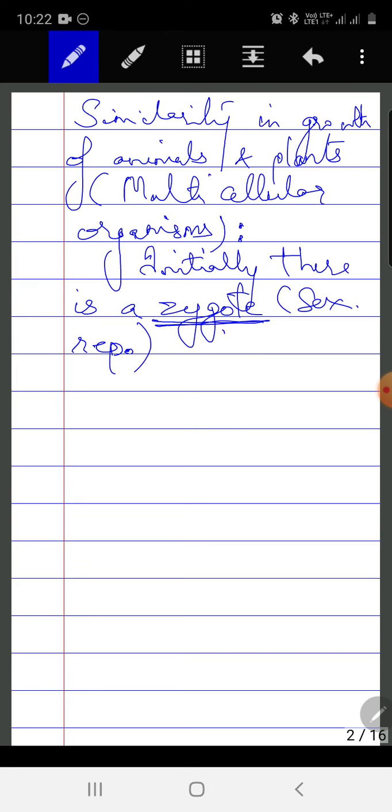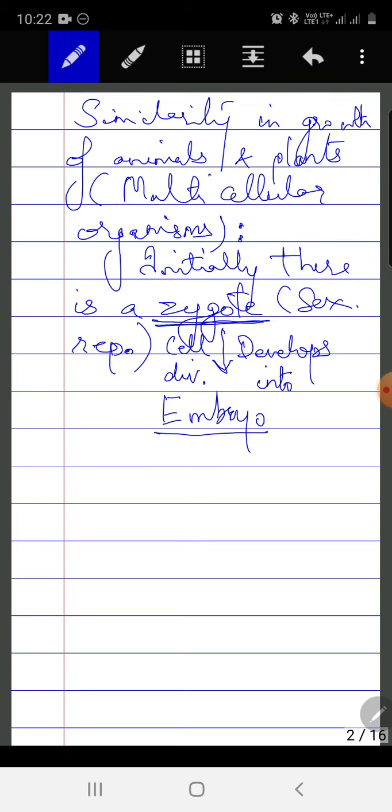Now the zygote, it develops into what? It forms an embryo. Okay. And this is achieved by cell division, right? So cell division leads to the formation of the embryo.